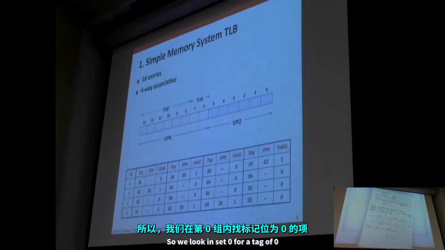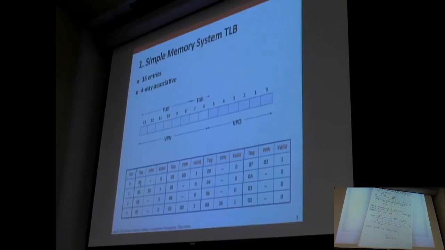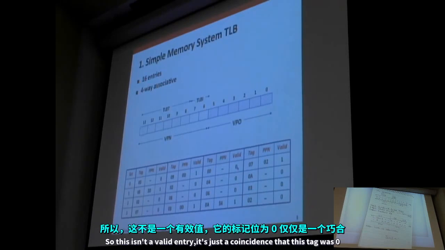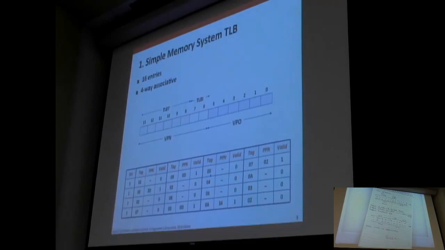So we look in set 0 for a tag of 0. This doesn't match 03. Here's 09. That doesn't match. 00 matches, but the valid bit's 0. So this isn't a valid entry. It's just a coincidence that this tag was 0. So this is a TLB miss.